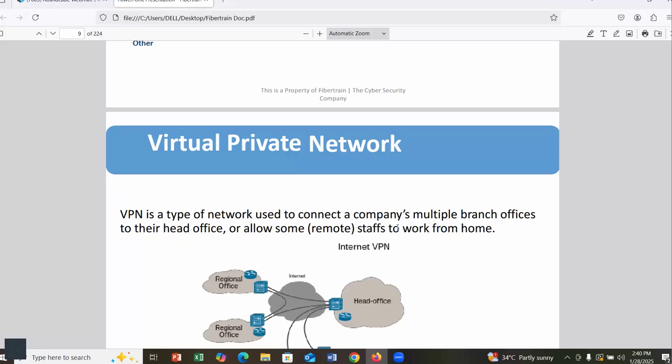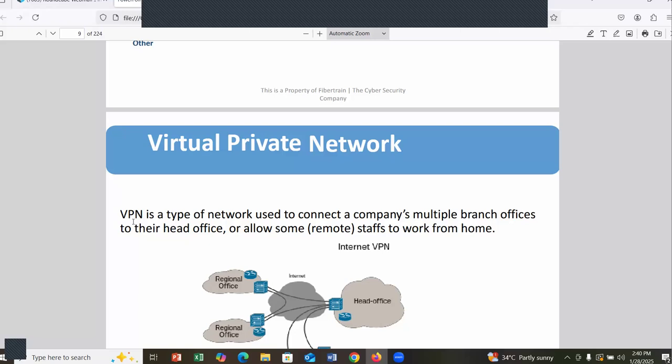For that to work smoothly, there must be a VPN that I will use to connect from my home to Zenith Bank so that everything I access in the Zenith Bank network will be secure. So the basic function of a VPN is to secure whatever you are doing on the network so that they won't see everything in plain text. The VPN will be the one to encrypt all the traffic. So that's the function of a VPN.